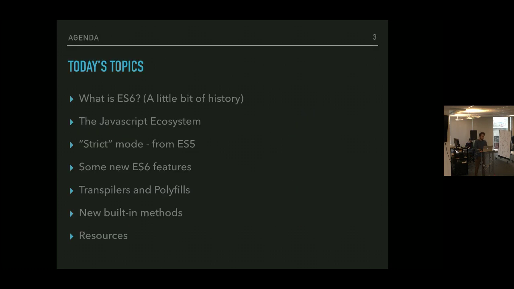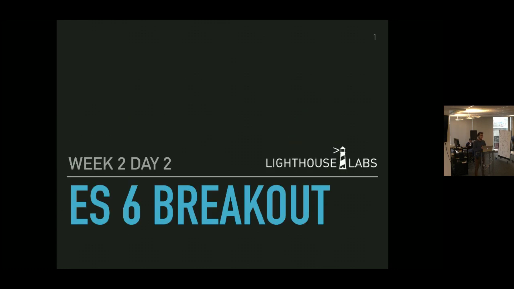So today's stuff is ES6. I just want to start this off by saying that the way I'm framing this breakout isn't necessarily a tutorial on how to do particular things in ES6, whatever ES6 is. I'm kind of motivating the idea behind the fact that languages evolve over time, right?